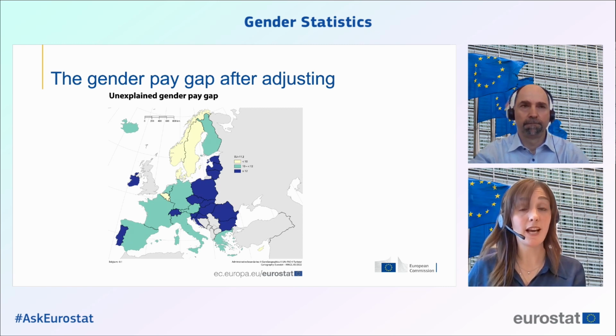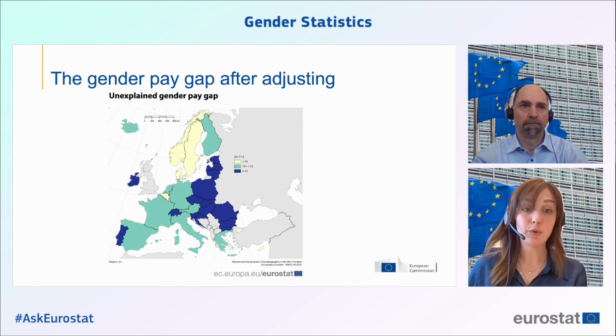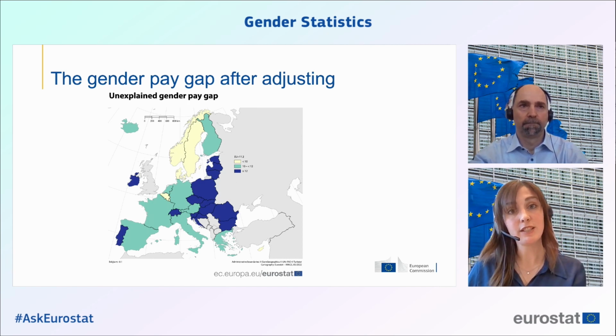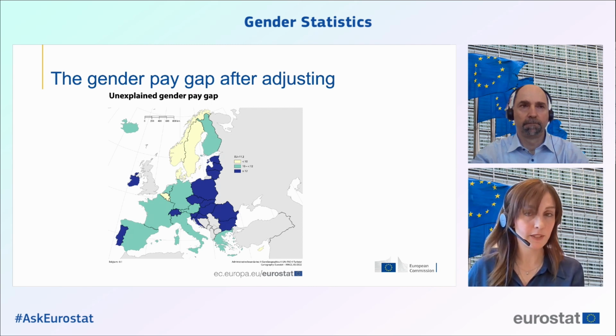For these countries, the unadjusted gender pay gap is adjusted downwards. For these Nordic countries, the main driver is economic activity. For Belgium it is part-time, for Cyprus it is occupation, and Finland is not in this group because it starts from a higher unadjusted gender pay gap, but the adjustment is very similar to the rest of the Nordic countries.